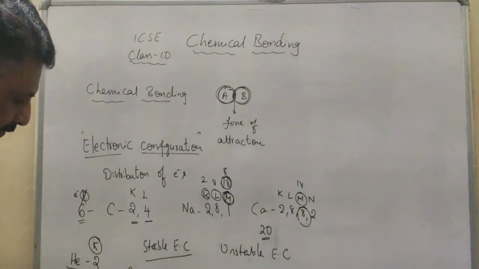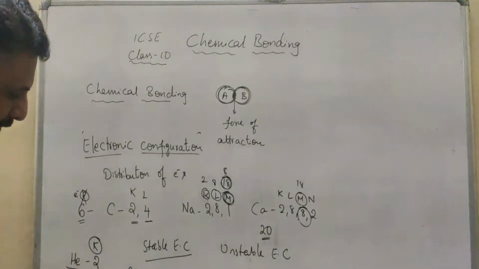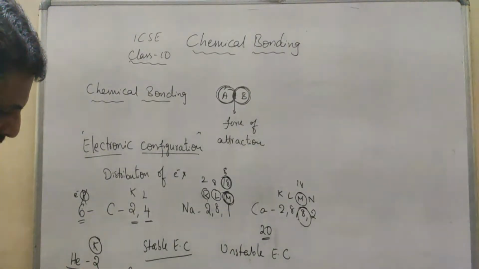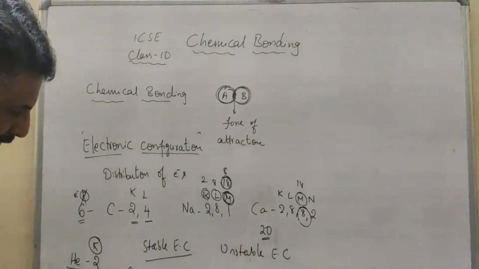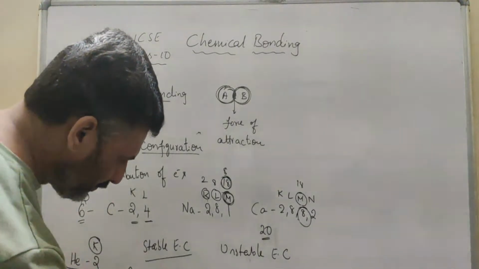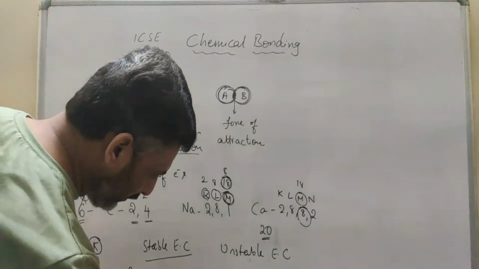Similarly, neon is 2, 8, so it has 8 valence electrons, so it is stable, and argon is 2, 8, 8, which also has 8 valence electrons. So noble gases have stable electronic configuration.